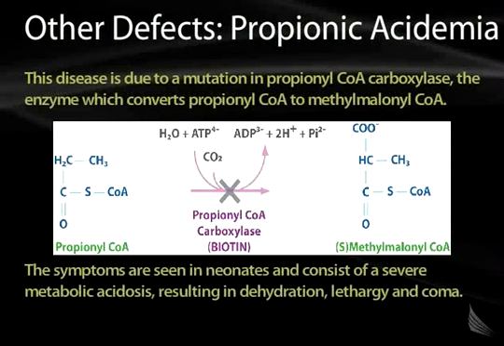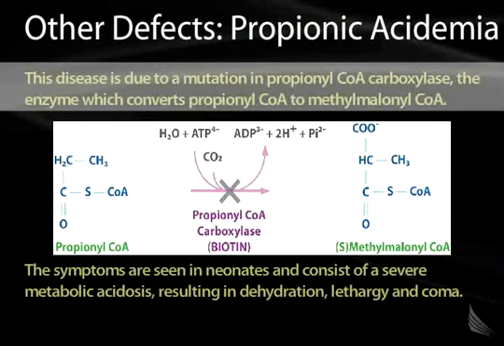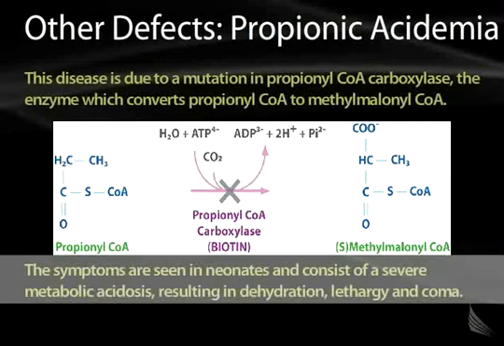Now, there's a couple other diseases that result from defects in the pathways of branched chain amino acid metabolism. One is propionic acidemia. This disease is due to a mutation in propionyl-CoA carboxylase. This is the enzyme, if you'll remember, which converts propionyl-CoA to methylmalonyl-CoA. The symptoms of this disease are seen in neonates, and they consist of a severe metabolic acidosis, resulting in dehydration, lethargy, and coma because of the accumulation of propionic acid.